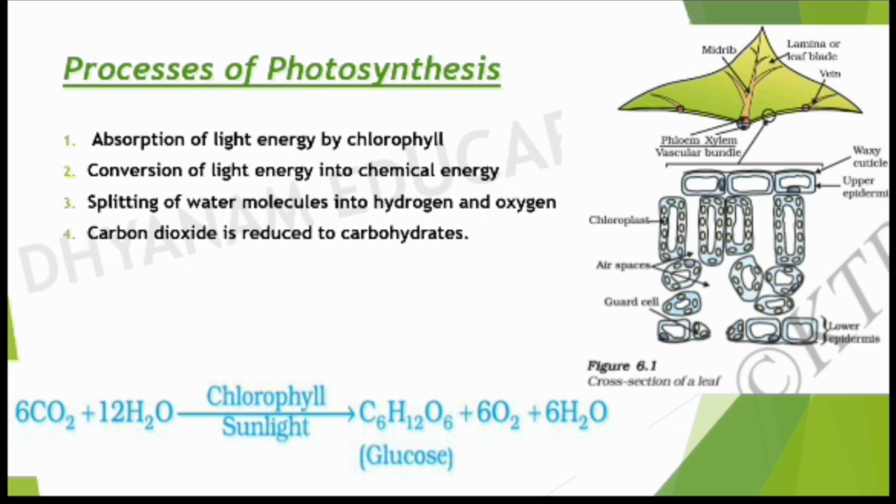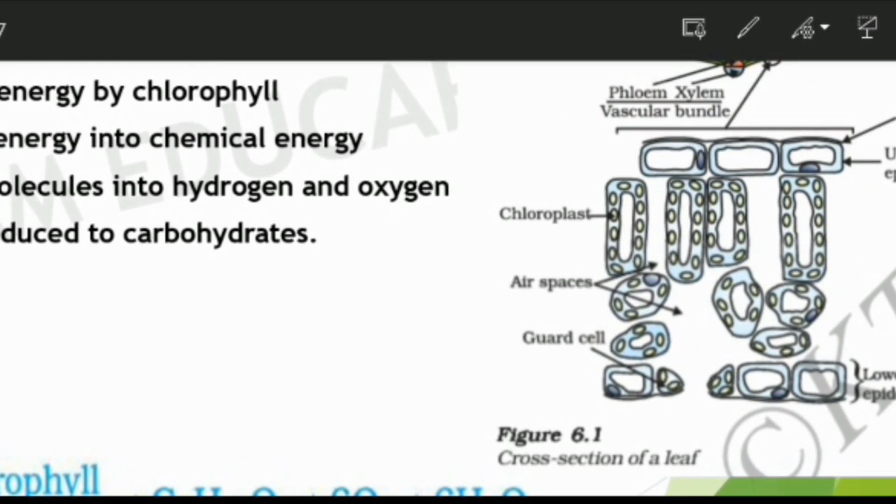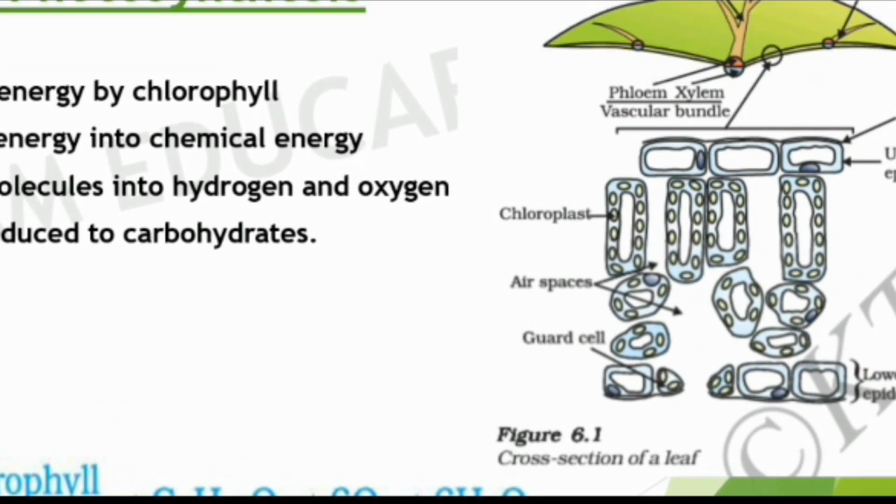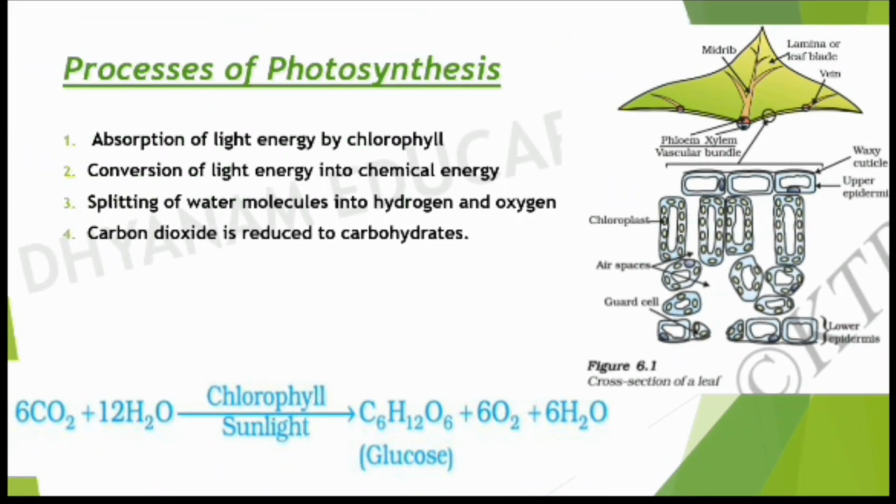If you carefully observe this figure, it is the cross section of a leaf under the microscope. See here, some cells contain green dots. These green dots are cell organelles called chloroplasts, which contain chlorophyll. So, during photosynthesis, what happens?